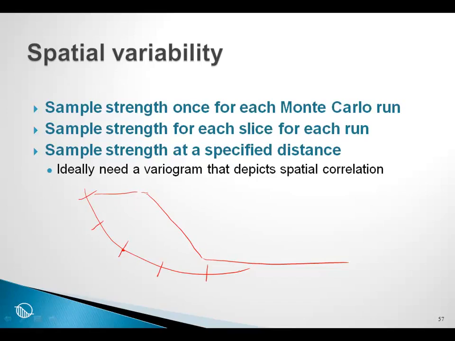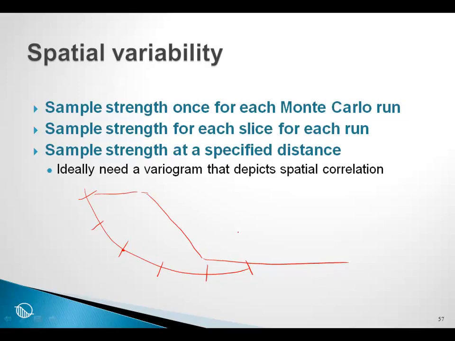Should we sample the strength once for the entire slip surface? Should we sample the strength for each slice for every run? Or should we sample the strength at some specified distance?